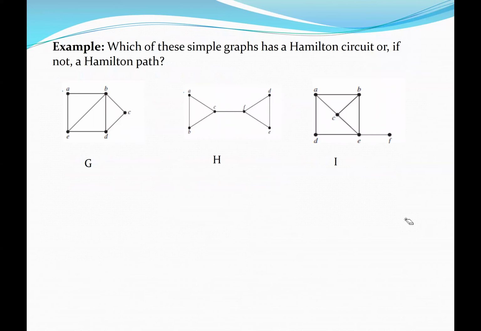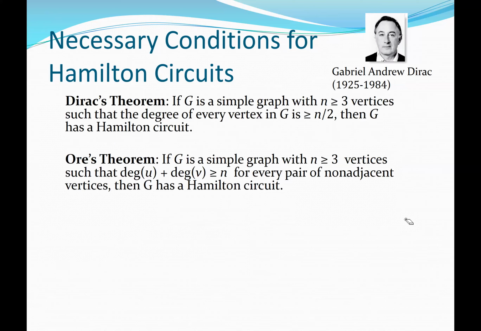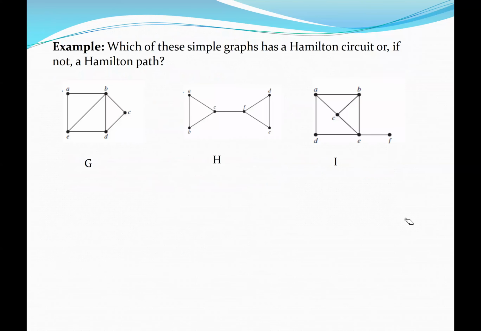You can see here that G, H, and I, those are the three graphs. So let's go back to this. All right, if n is bigger than 3, and the degree of every vertex is bigger than or equal to n over 2, then G has a Hamilton circuit. So you can see here, how many vertices do we have?